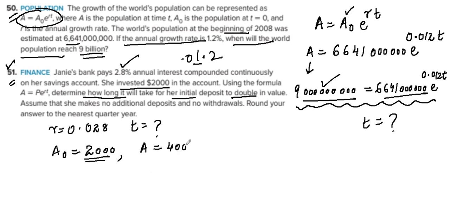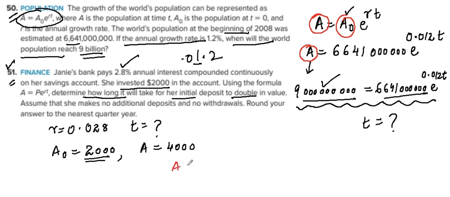Same steps. Here you will substitute 4000 in place of A, the initial is 2000, r is given, so that's it. We just have to use the calculator.